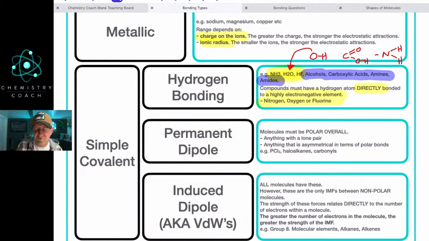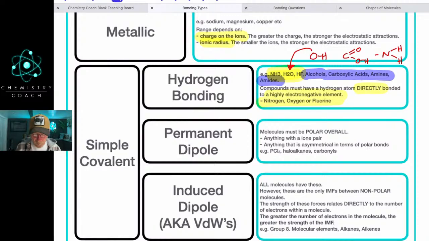They're not all massively soluble, but they have to have that OH or NH to start with if you're going to stand a chance of them being soluble. Anything else, alkanes, alkenes, haloalkanes, aldehydes, ketones, not soluble in water, because they don't have hydrogen bonding, and you need that hydrogen bonding to be strong enough to get in between the water molecules, break up the attraction between the water molecules themselves, and get dissolved.